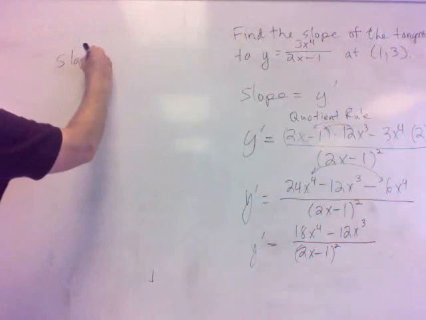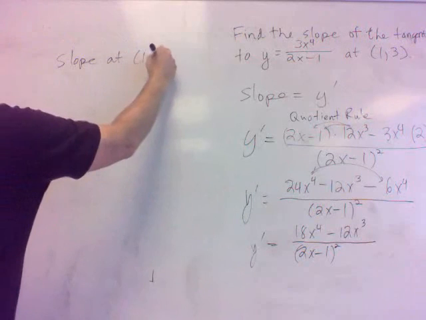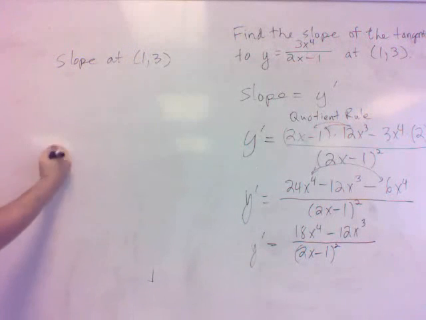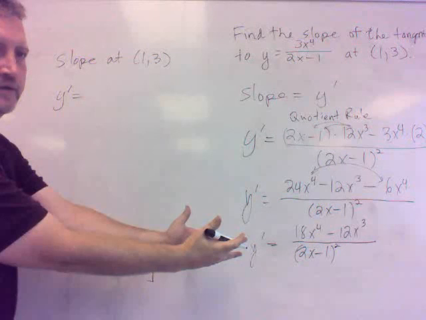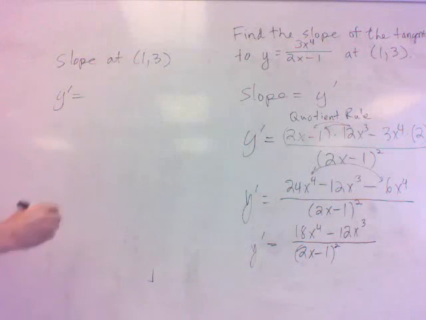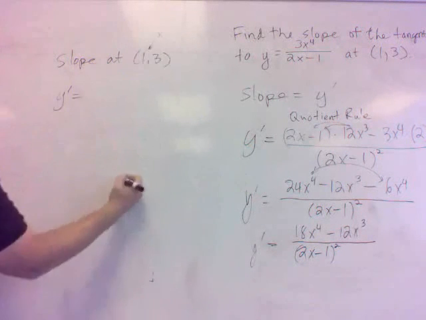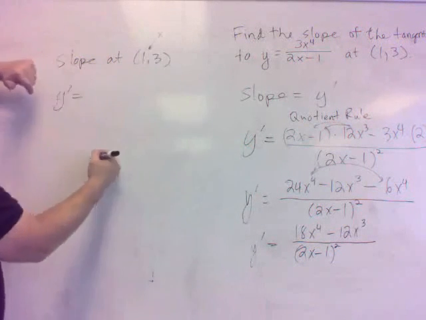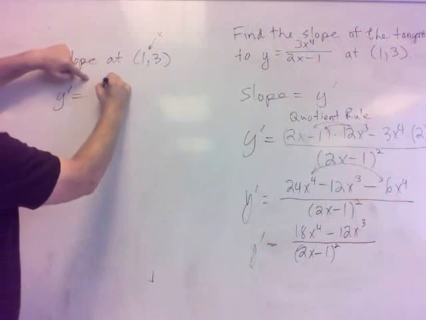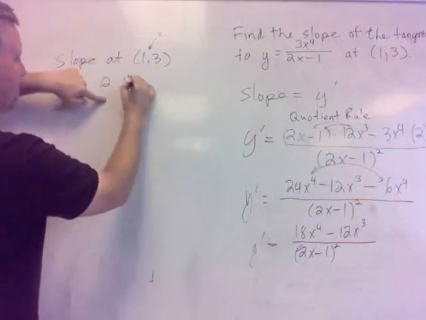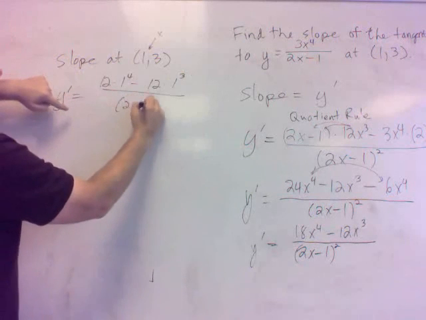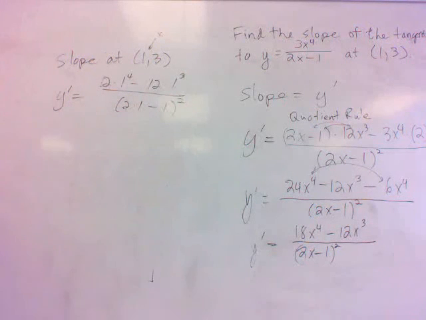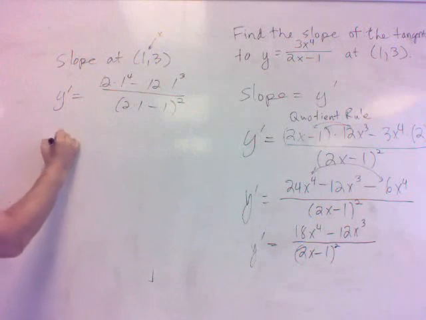So the slope at 1, 3, well, that's going to be your derivative. Just plug in your x value. Here's your x value, isn't it? So I'm just going to plug in x to be, oh, that's nice, x is 1. It's really nice because 1 to the fourth is 1.